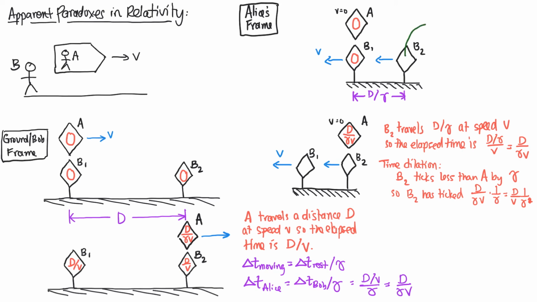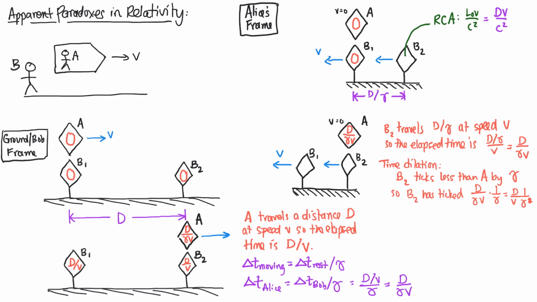Remember, B2 in the first picture, by rear clock ahead, is going to read L naught V over C squared ahead of the first clock, which is reading 0. But L naught here is the rest length separation between the clocks, so that's D. V we'll just leave alone, and C we just leave alone.